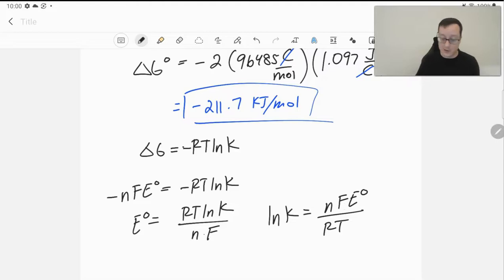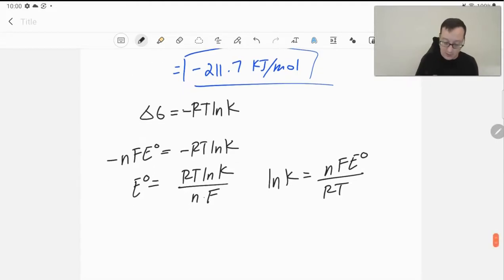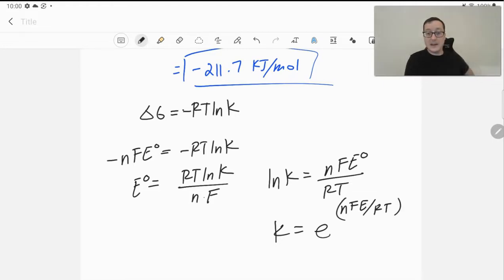And so if we were to do the anti-natural log, which is e to the, that means K is equal to e to the nFE over RT. And so we can have it done this way. So, very useful stuff. We can now go from cell potential to equilibrium constant.